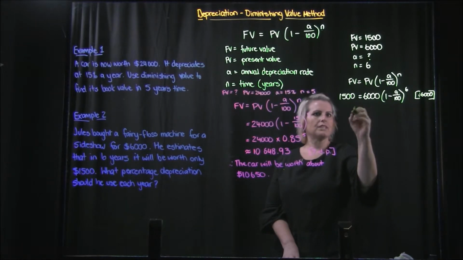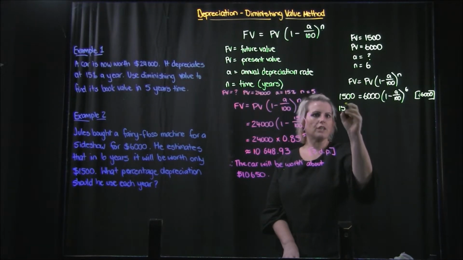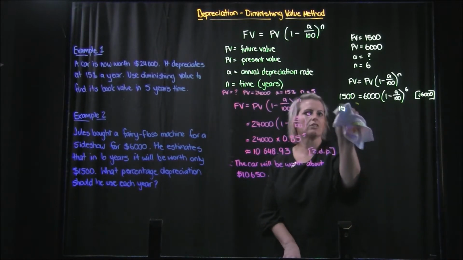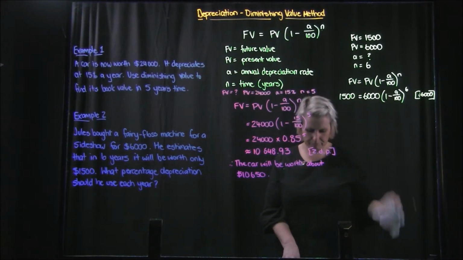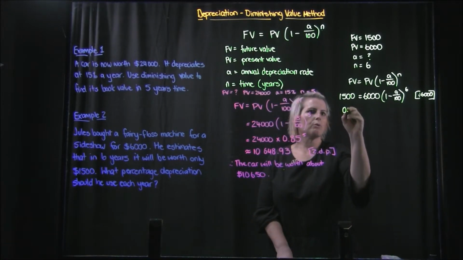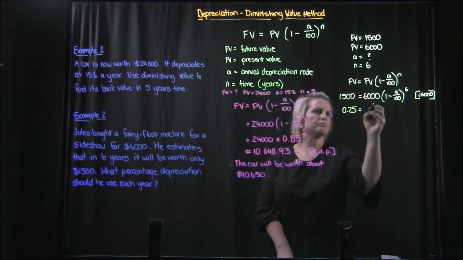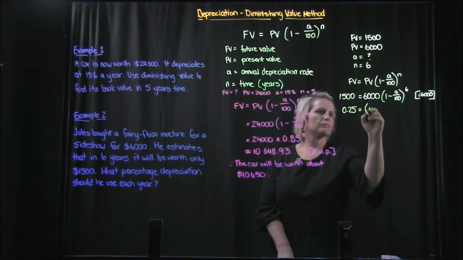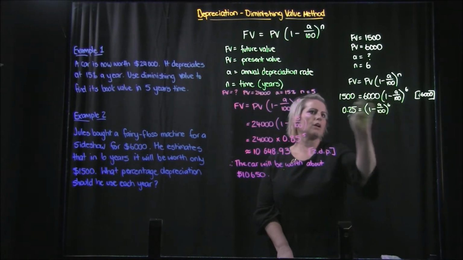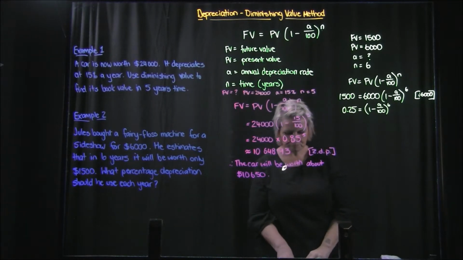So that will get rid of this one for me and put 1,500 over 6,000, which gives me 0.25. So this bit still remains the same, but because I divided by 6,000 on both sides, this one's gone and I brought that one down.